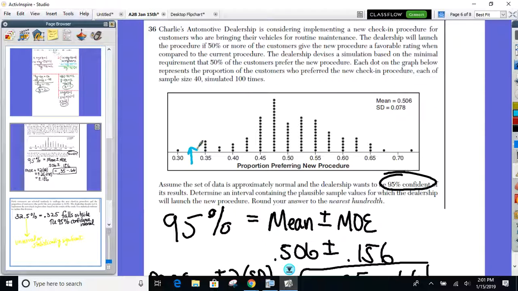How many are at or below? 1 out of what? How many times did I do this? 100, which is what? 1 divided by 100 is 0.01. So 1%. What's our cutoff to be significant? 2.5. So it's unusual because it falls outside the 2.5%.